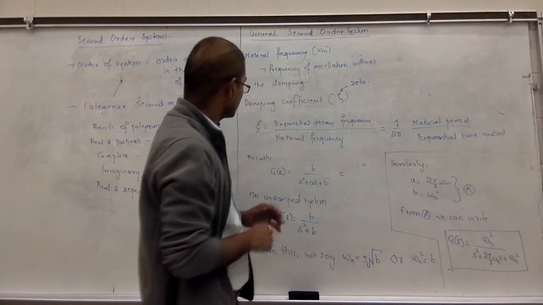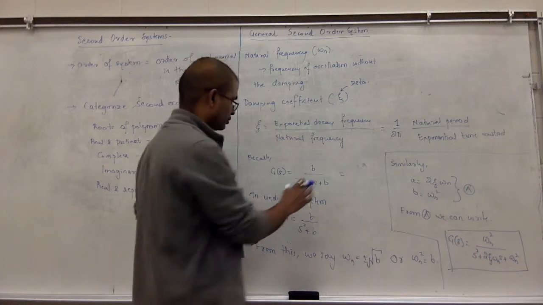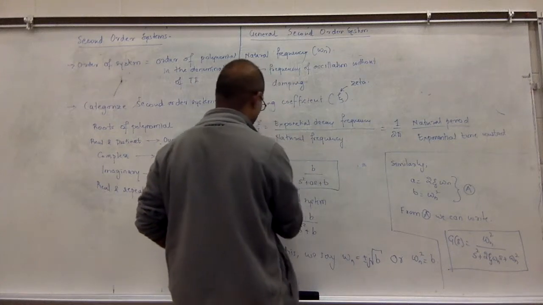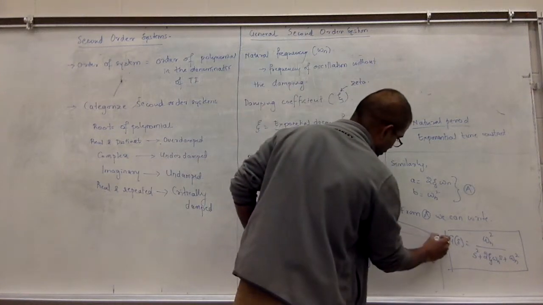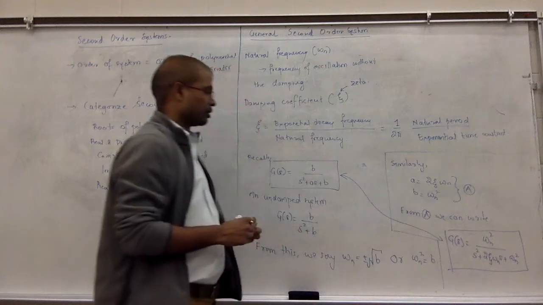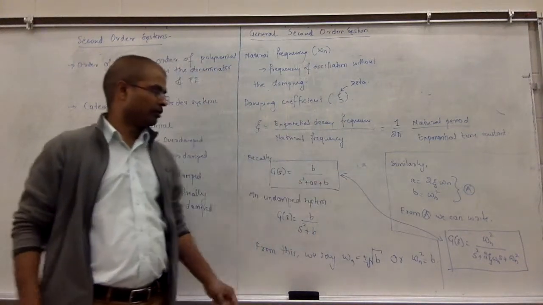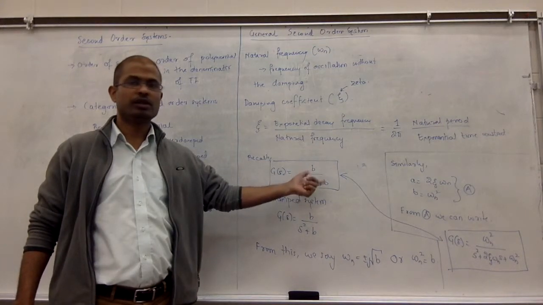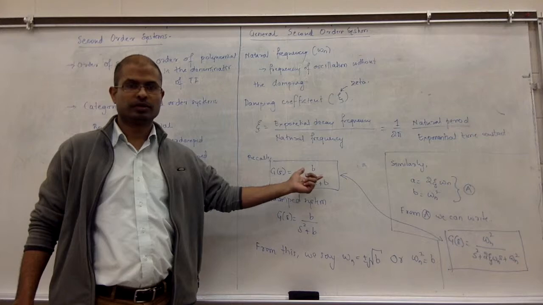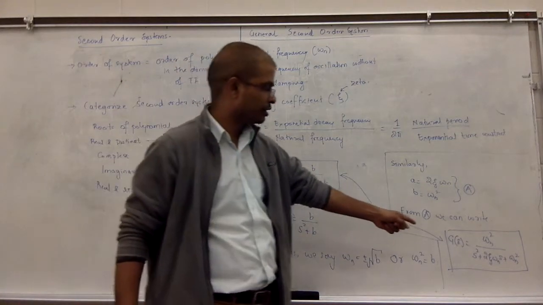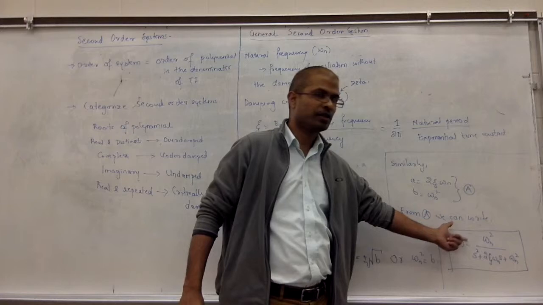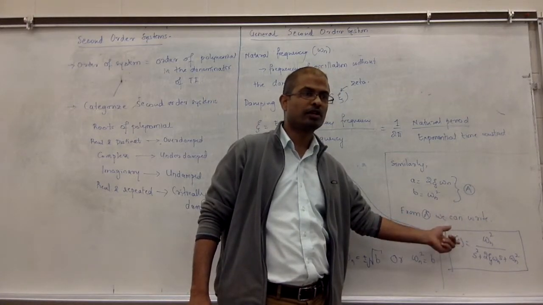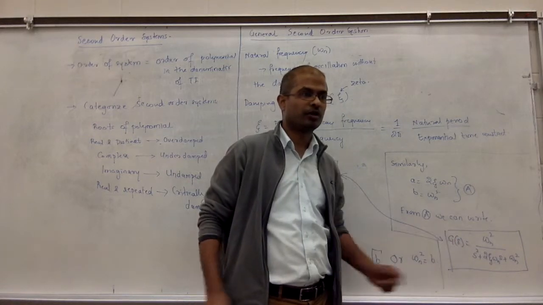Now compare. These two are comparable. This one is written just in terms of polynomials, some B, some A. What you see here is that it's expressed completely in terms of the system's natural frequency and the damping ratio, or damping coefficient.